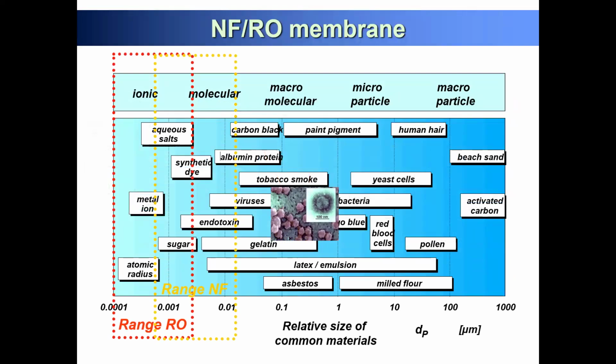learn about our membrane. The water molecule is 0.3 nanometer. We have to separate the water molecule and sodium chloride. So this membrane has a very small pore, and you can separate metal and sodium chloride at the atomic level.